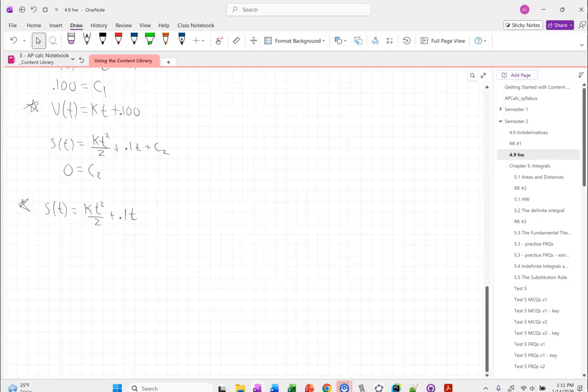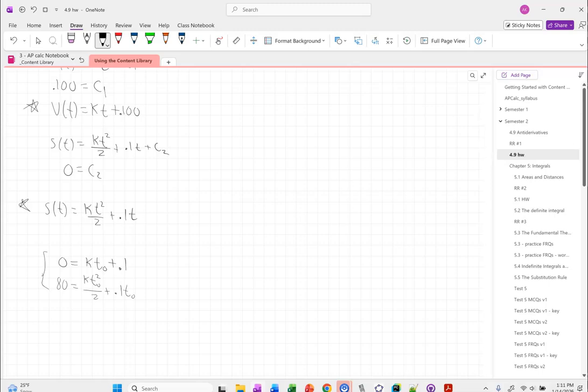So I have 0 equals k t naught plus 0.1. And then I have 80 equals k t naught squared over 2 plus 0.1 times t naught.